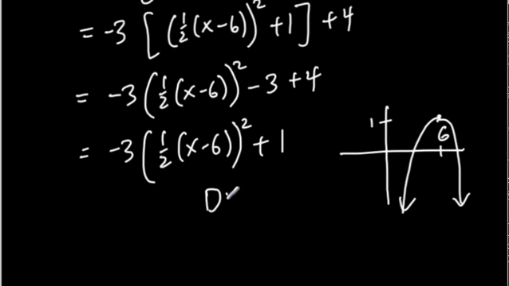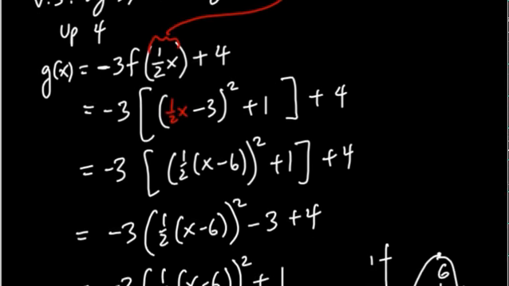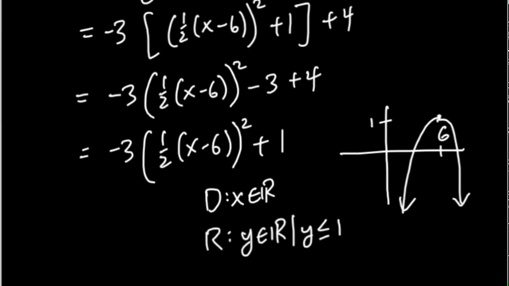So the domain in this case is x is an element of reals. Oh, and there's no condition. And the range in this case is y is an element of reals, and y is less than or equal to 1.